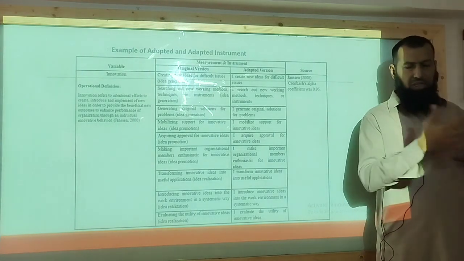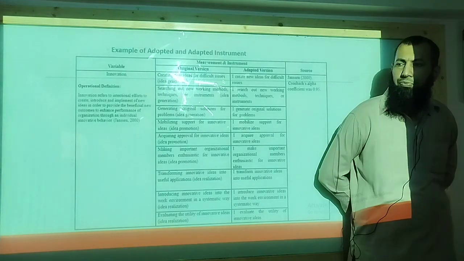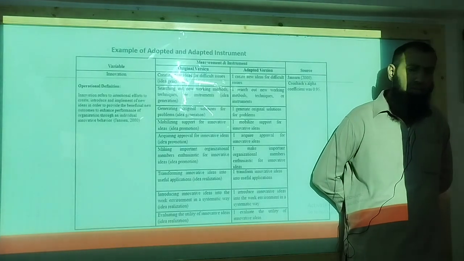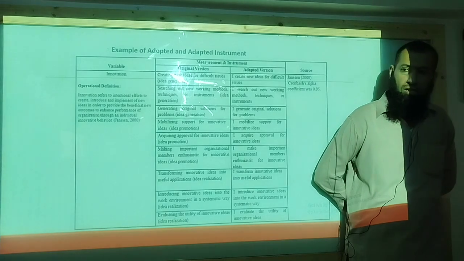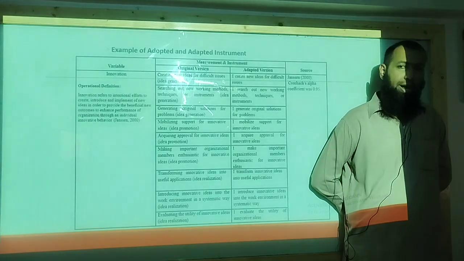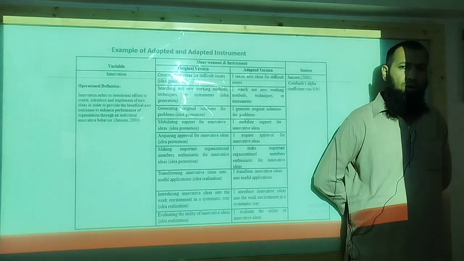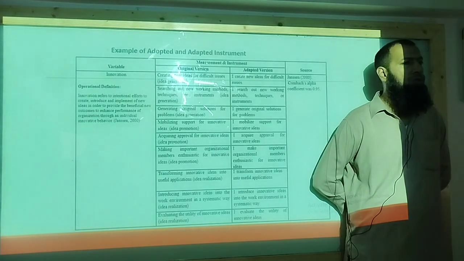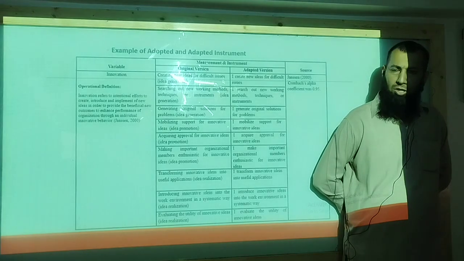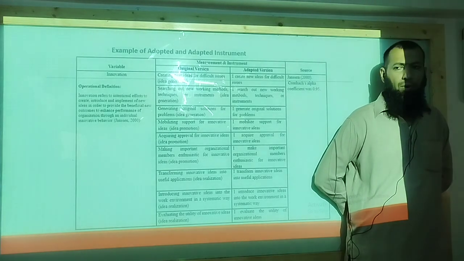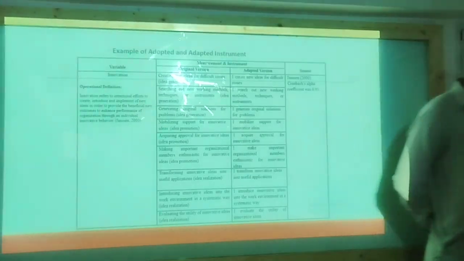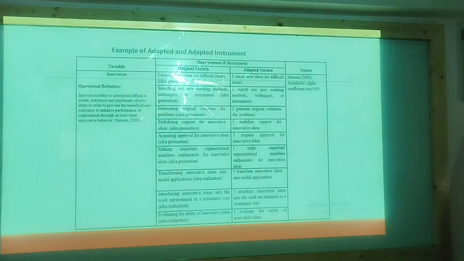So this is an example of the rating scale. That's how you rate. Ranking scale. Ranking means you rank it, you number it. When we talk about rating, it means what do you think about it? Like strongly disagree. Anyway, we will be studying this in detail next.